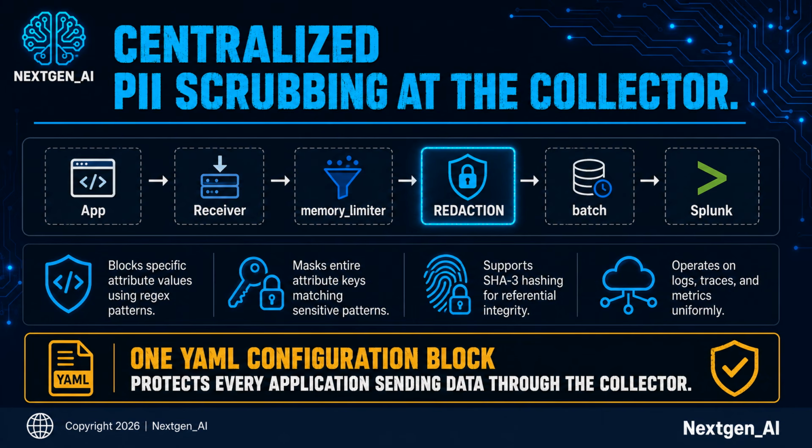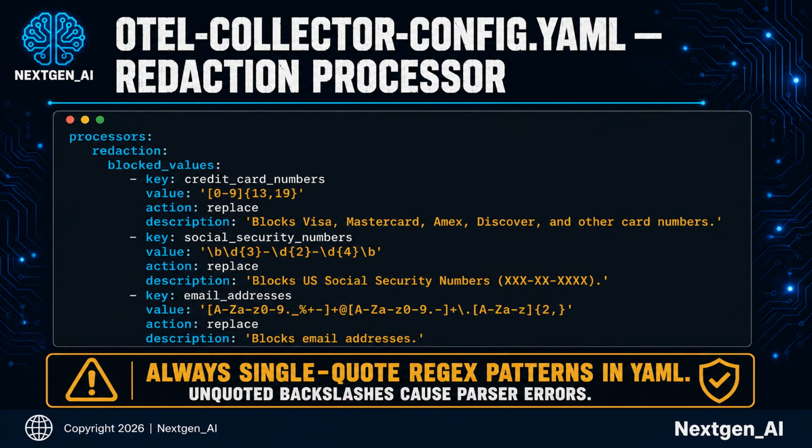Because the collector processes data in memory, this redaction happens in milliseconds, adding negligible latency to the telemetry pipeline while providing an absolute guarantee that PII will not leak into your downstream observability platforms. The most powerful feature of the redaction processor is its support for regular expressions.